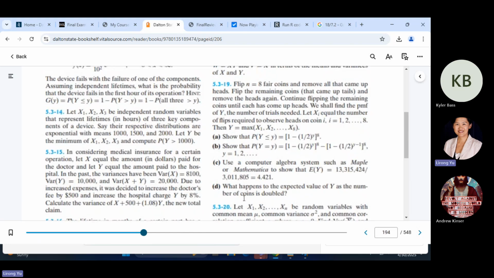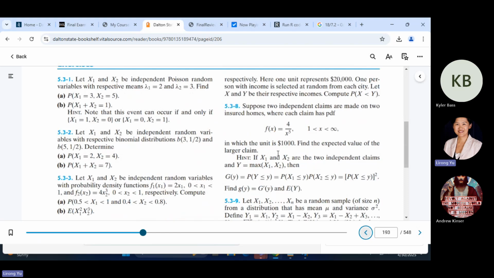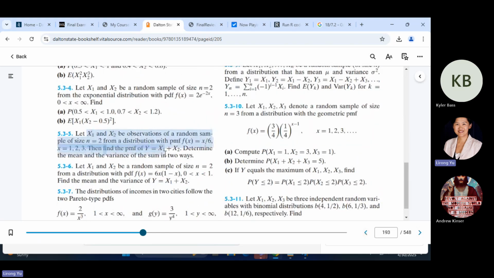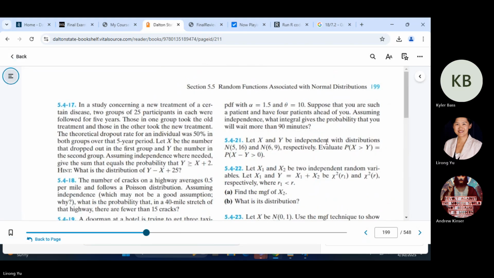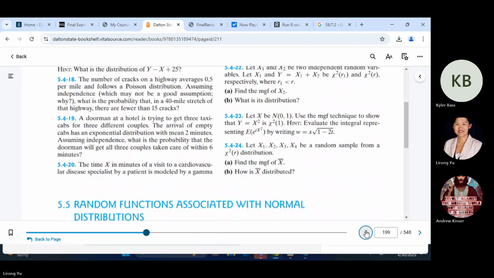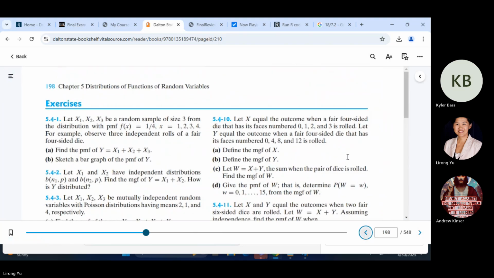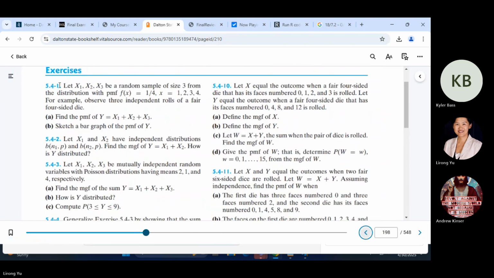Those are okay, especially questions 5 and 6. It could be an example of how we determine the distribution when you have a summation of two variables. But then 5.4. Like number 1, you have 3 variables, y equal to the summation of all 3 variables, and study the distribution of it.